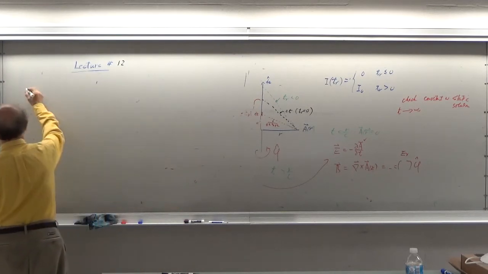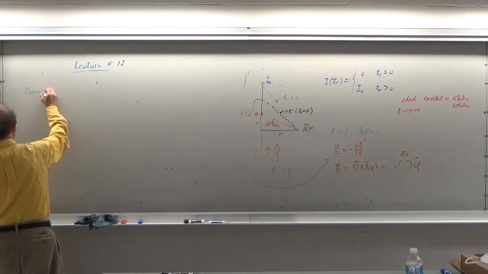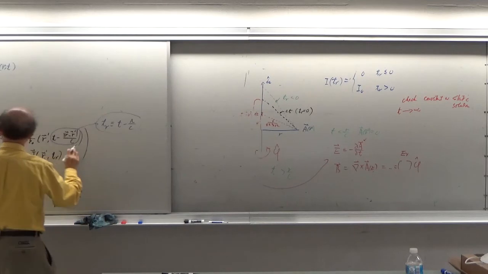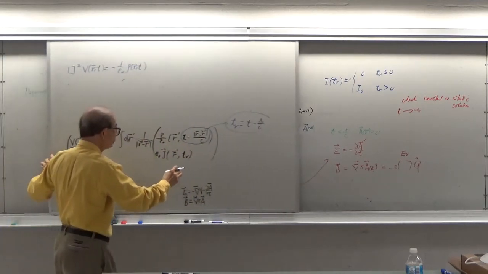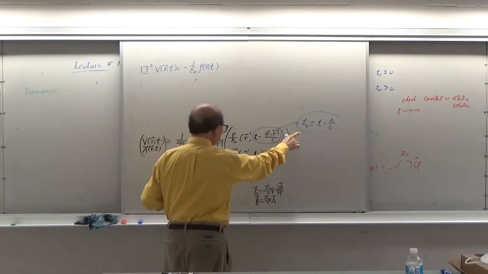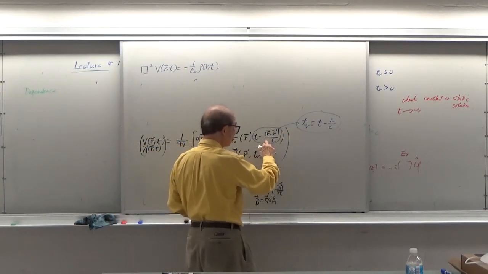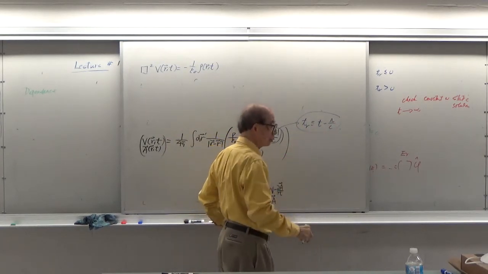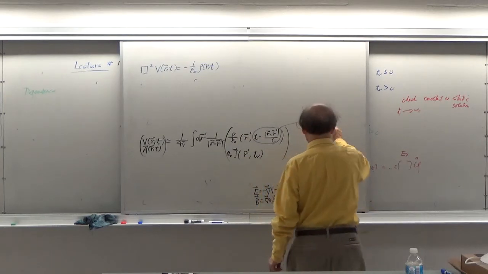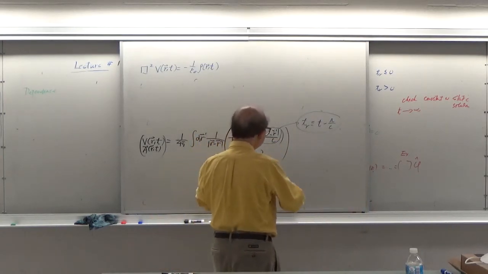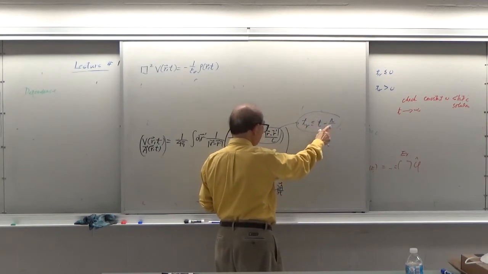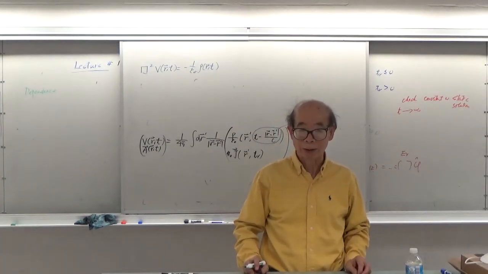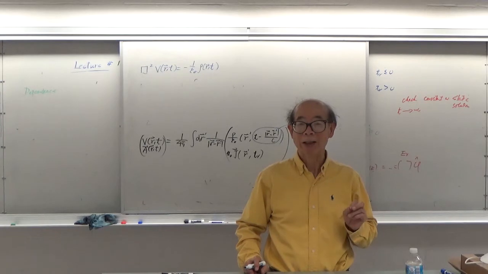Time dependence. The time dependence, of course, is given by the retarded time, which is the time of emission, being related to the time of observation minus the time it takes for a light signal to travel, this R. The very fact that the time of emission, given by the retarded time, is not the same as the time of observation is, as you will see, the cause for the existence of this.